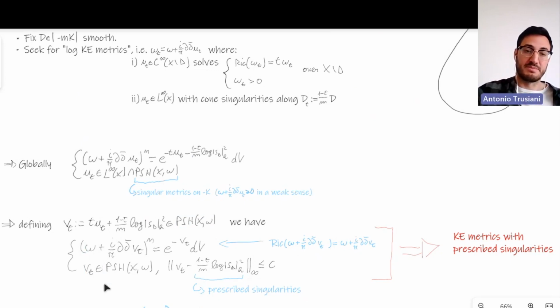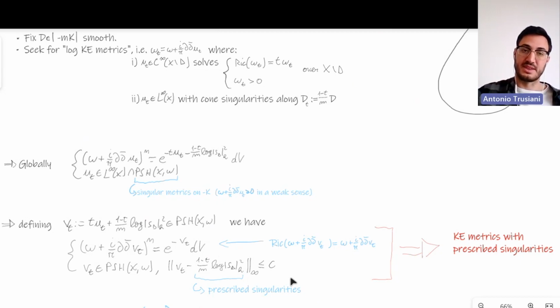So the important remark here is that we have the same equation, the Einstein equation. So we are looking for some singular metric such that the Ricci is equal to itself, but the solution has some prescribed singularity. I mean, the solution behaves as log of s_D, with some weight. So these are Kähler-Einstein metrics with prescribed singularities.